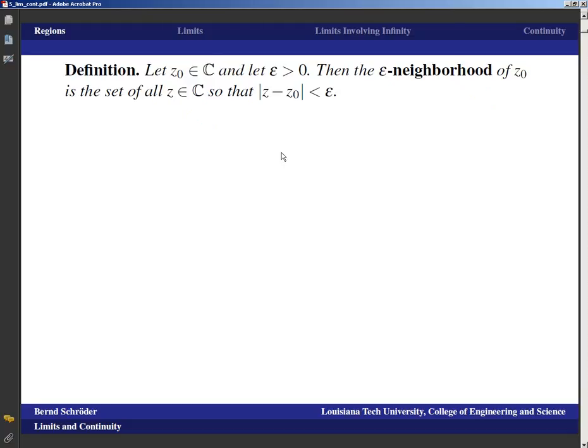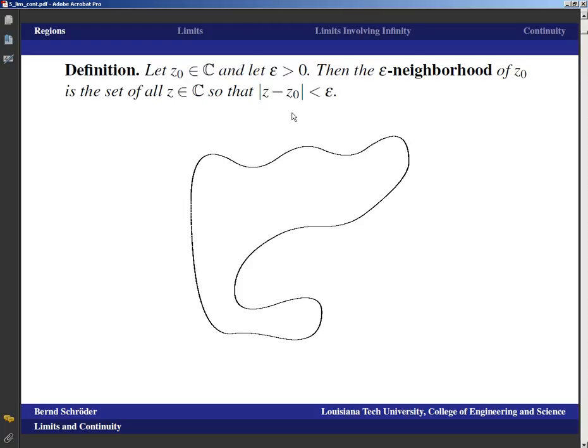So this is the set of all complex numbers that are closer than epsilon to our center point z0. This is the formal way to encode closeness. If we've got a domain somewhere, and a number z0, then if we put a small circle around that of radius epsilon, that is the epsilon neighborhood of z0.